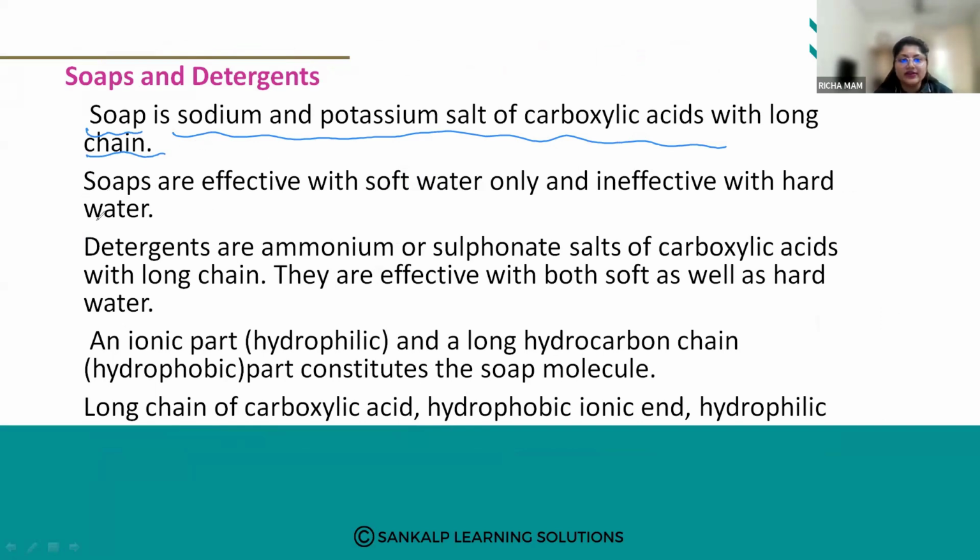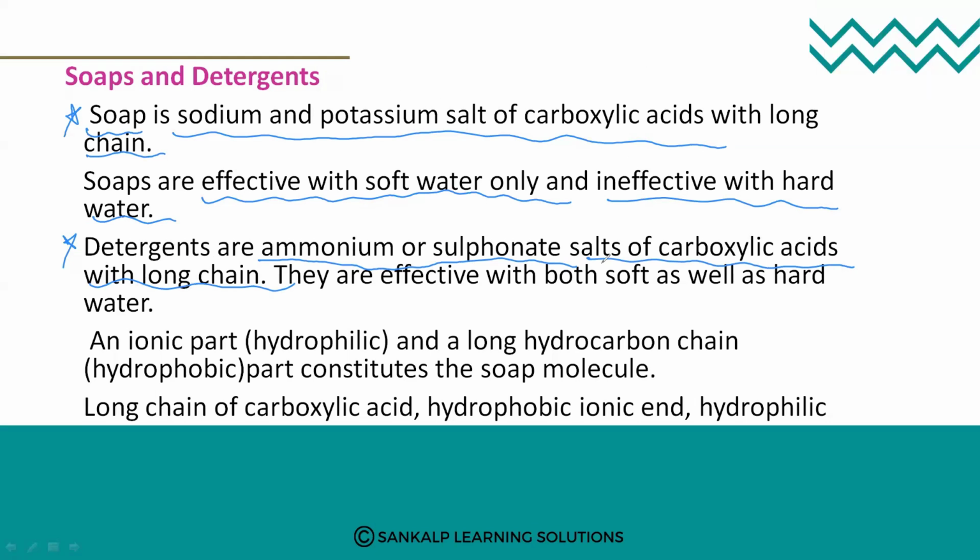Soaps are very effective in soft water only and ineffective with hard water. Now, what do you mean by detergents? Detergents are made up of ammonium or sulfonate salts of carboxylic acid with a long chain. Please remember: soap is a sodium or potassium salt of carboxylic acid with a long chain, and detergents are ammonium or sulfonate salts.